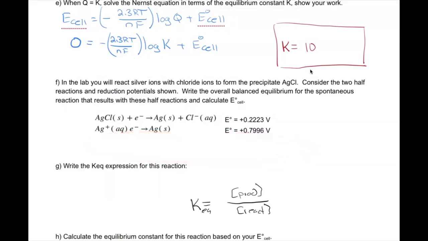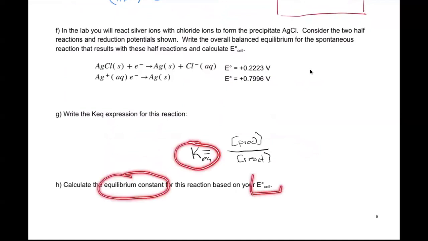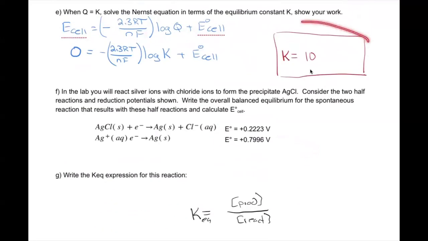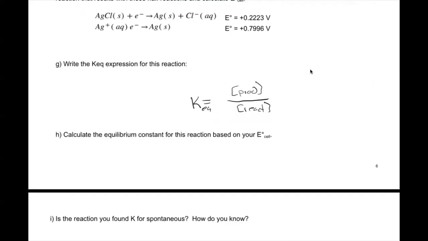When you have that, we want to calculate the equilibrium constant, your KEQ, and we're going to use the E naught cell that you calculated from here and the equation you derived up here. So we're going to use the equation you derived from part E with the cell potential you calculate from your two half cell reduction potentials to calculate K to get a numerical value here.